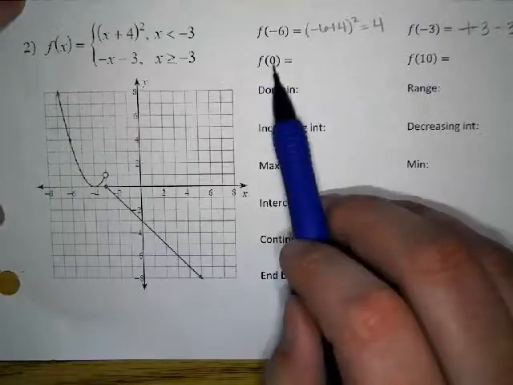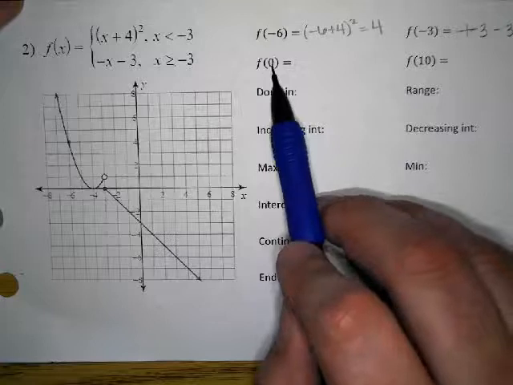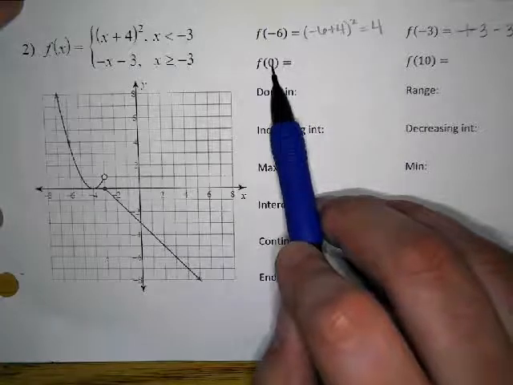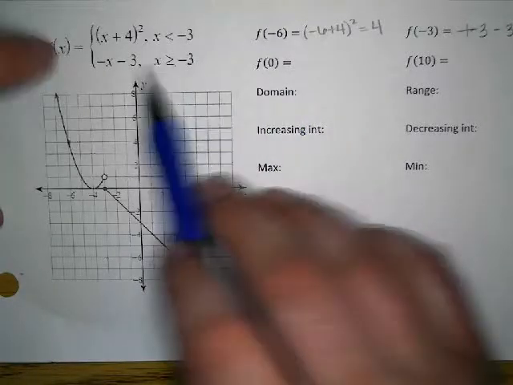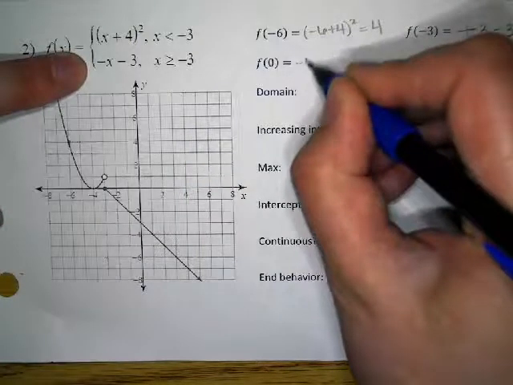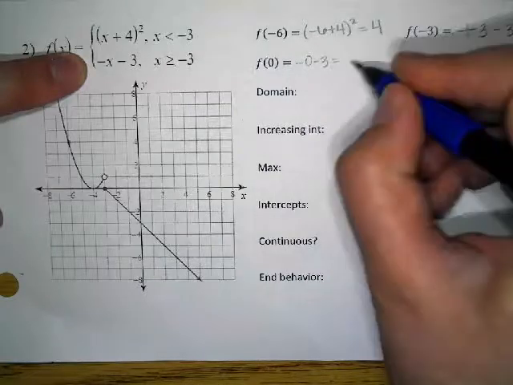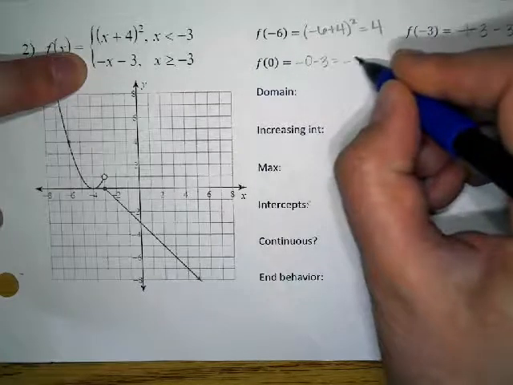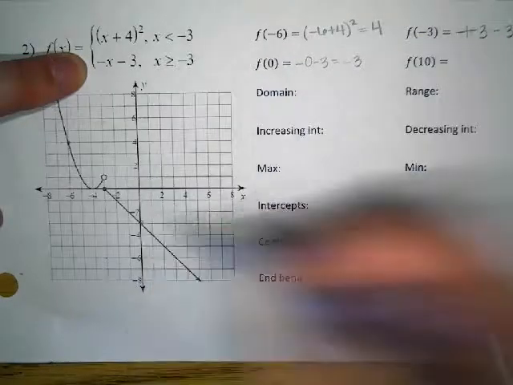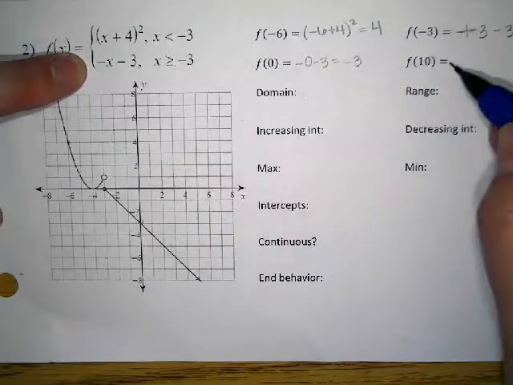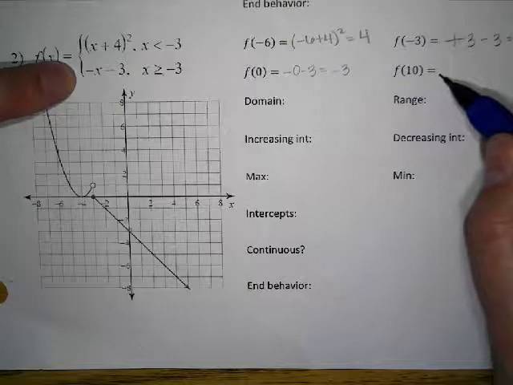Okay. If we plug in 0, which one do we plug it into? The bottom one, 0 is bigger. So the negative version of 0 minus 3, which is just 0 minus 3, which is -3. Okay, that fits. That's on the graph. Plugging in 10, which one do we plug it into?